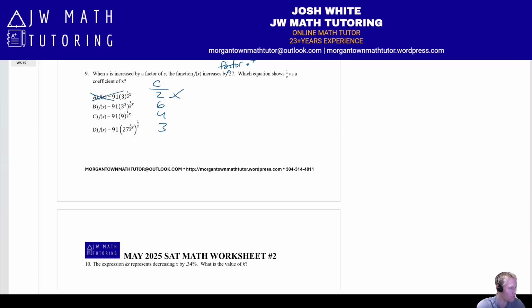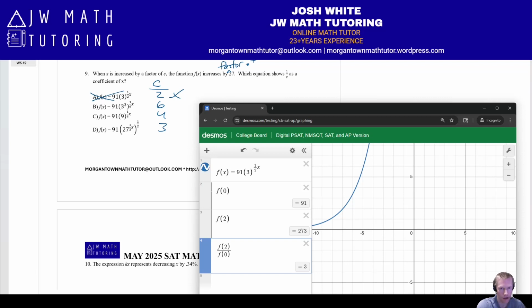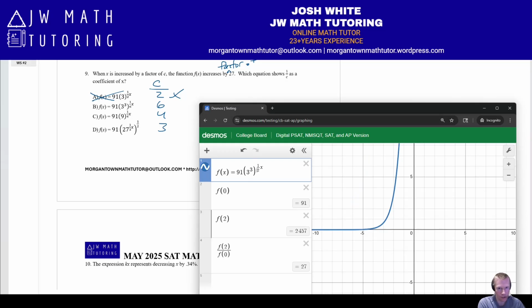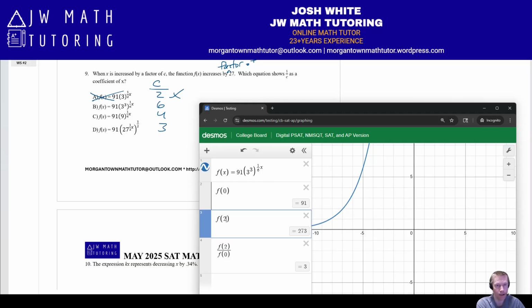Now we can repeat the process with answer choice B, and all I have to change here is make this to the third and make this 6. Actually, no, sorry, I do have to change this. Now, I'm comparing f of 0 to f of 6 because I'm increasing x by 6.